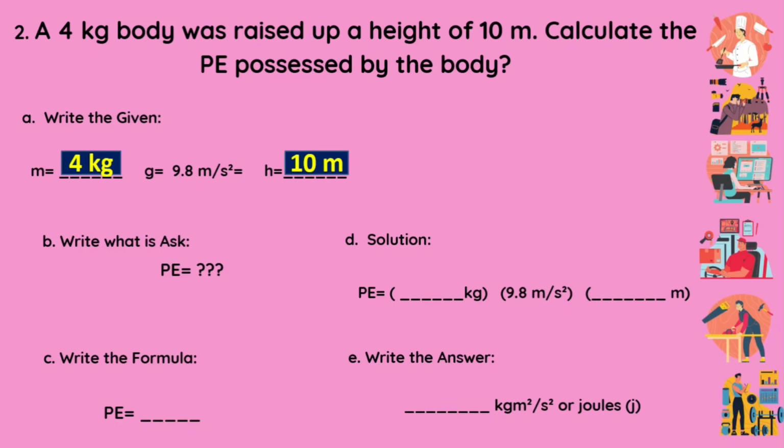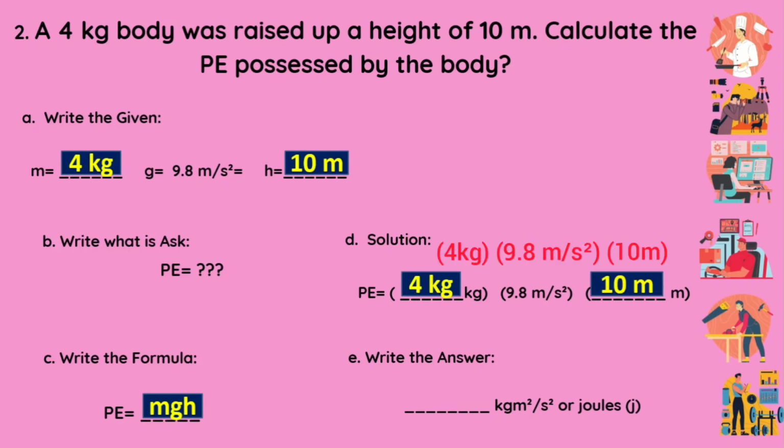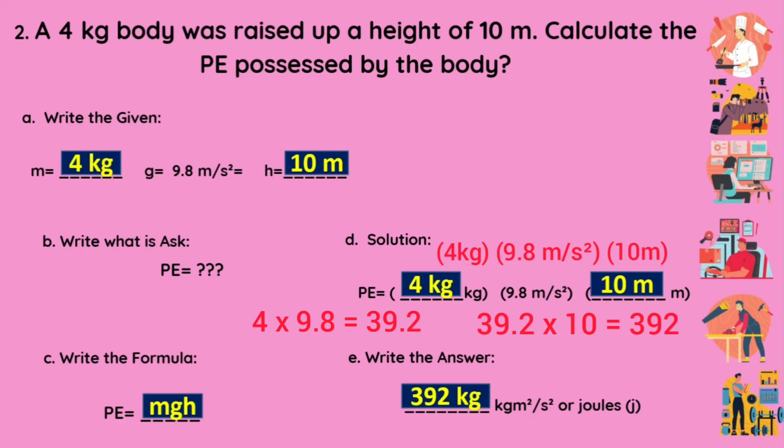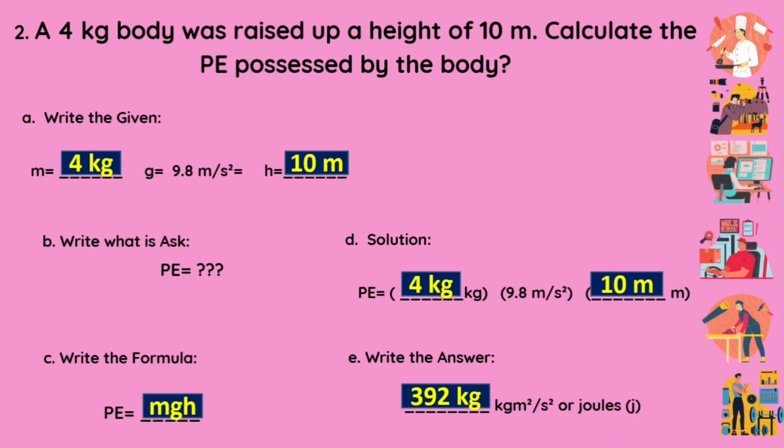And then the formula is mgh for 4 kilogram, then 10 meters. 4 times 9.8 is 39.2, times 10. Then you have 392. Very good. So, madali lang naman, di ba?